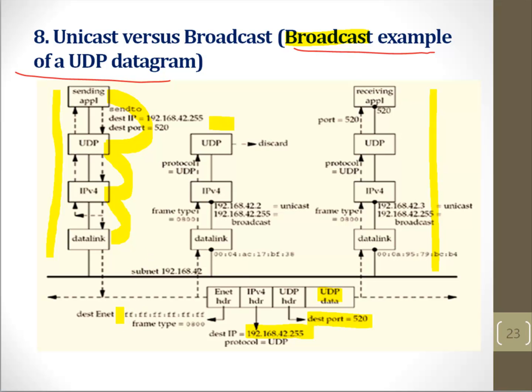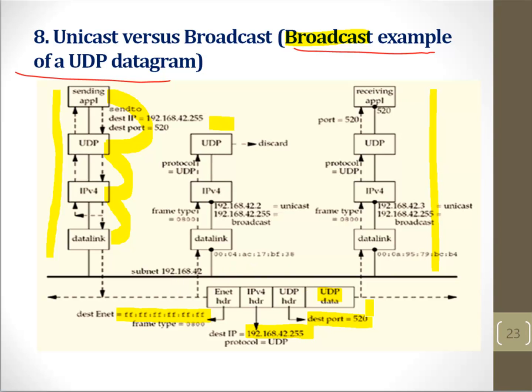You can see all F. The length of a MAC address is 48 bits, so all 48 bits will be fixed as ones, that means 111 and so on. If you convert the binary value into hexadecimal, it is going to be F. All 48 bits made 1, so this is the broadcast MAC address.